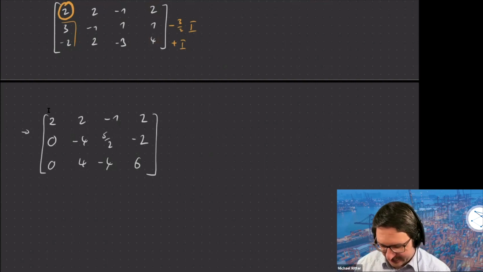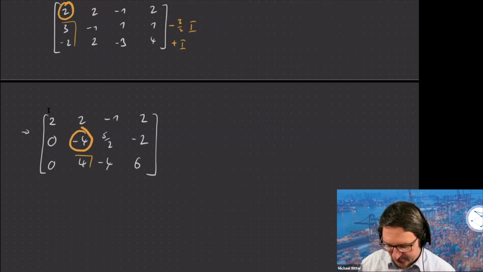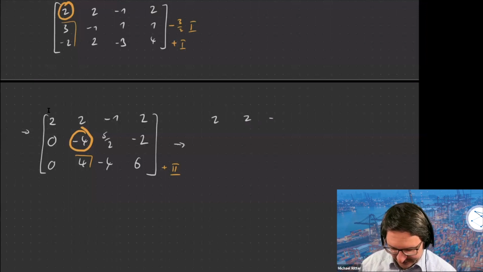Then for the next step, we choose this here as our next pivot element. And we're going to use row 2 to eliminate the entries below that pivot element. And to do that, we just add the second row to the third one. So what do we get here? We copy the first and the second row.